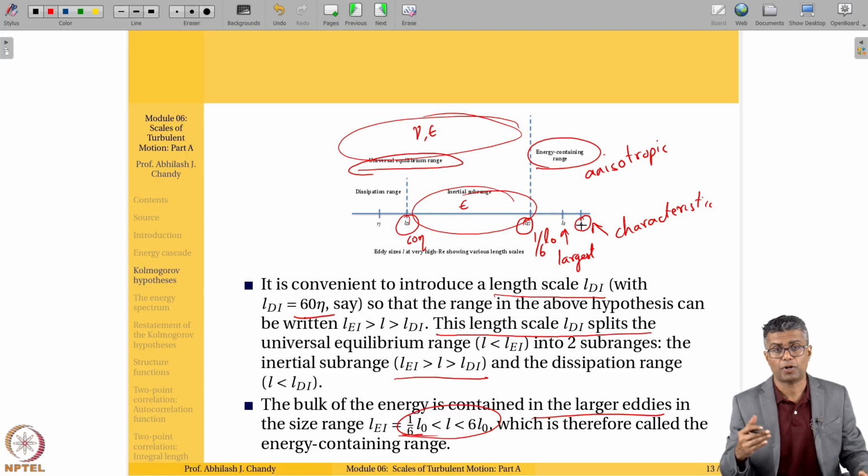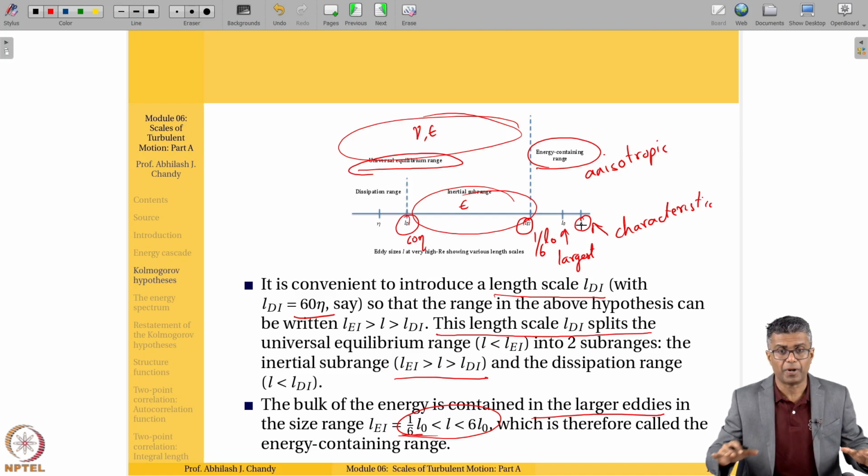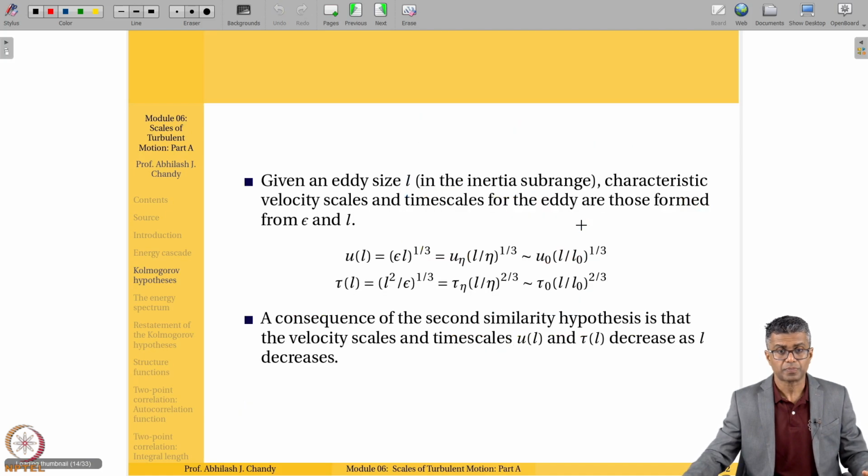And then everything below L_DI, that demarcation which splits the universal equilibrium range, up till eta, not below eta, since eta is considered to be the smallest length scale. So between L_DI and eta, we consider it to be the dissipation range. So this is your separation of scales.